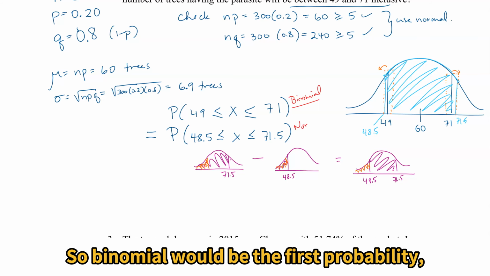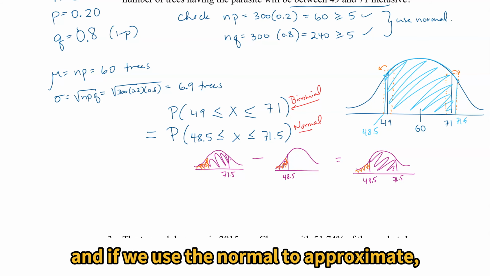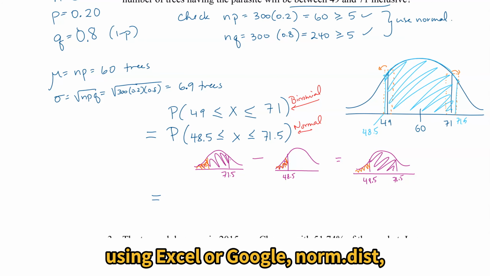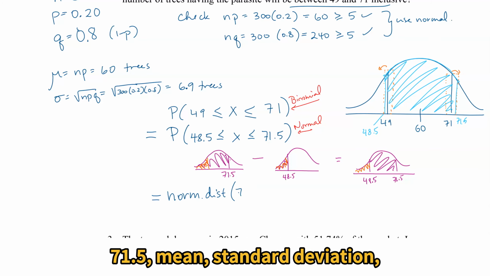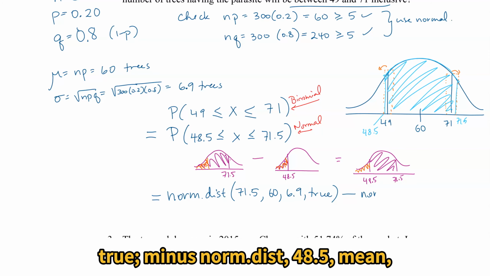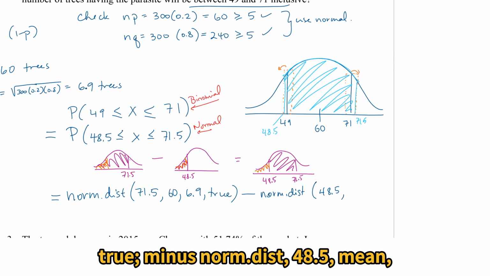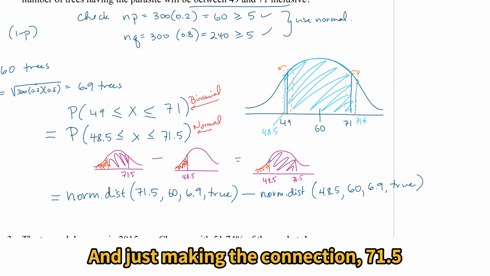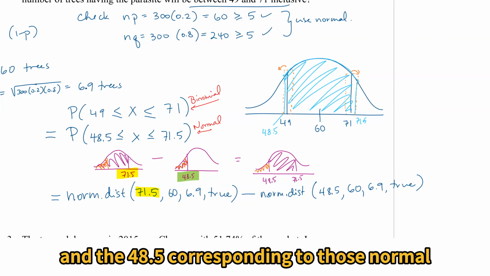So binomial would be the first probability, and if we use the normal to approximate, it's the second. Okay? And then writing it out using Excel or Google, norm.dist, 71.5, mean, standard deviation, true, minus norm.dist, 48.5, mean, standard deviation, and true, and just making the connection, the 71.5 and the 48.5 corresponding to those normal distributions.